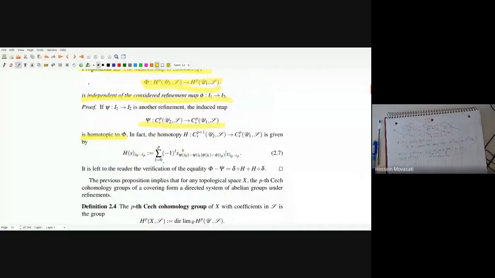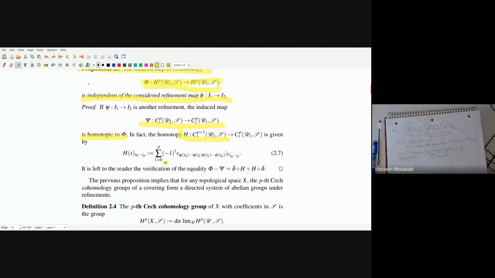And so in our case, we have to define this homotopy map, and well, it is a kind of canonical definition. The homotopy map is attached to these two coverings.